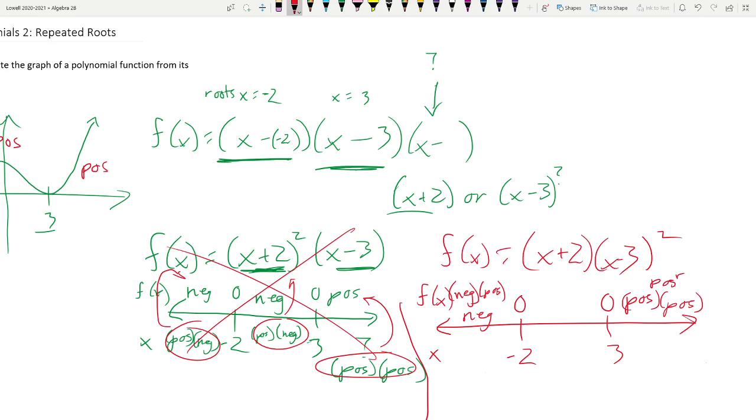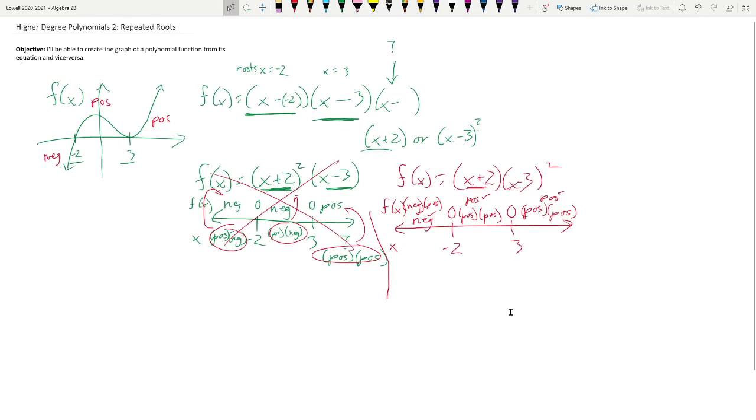So that checks out, just like that one. And in the middle here, the x minus 3 term, when it's squared, will always be positive. And when x is greater than -2, then this term is positive. And so we have positive times positive, and therefore the outputs should also be positive, which is exactly what they should be.